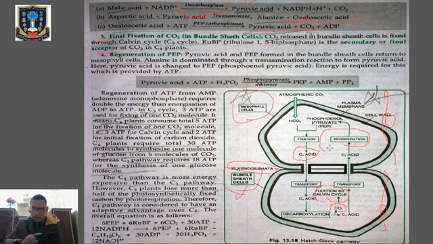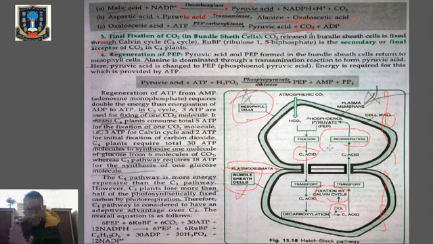Because in the C3 pathway, 3 ATP molecules were being utilized, but here in the C4 pathway, 3 ATP for the Calvin cycle and 2 ATP for the initial fixation of carbon dioxide. So how many ATP are utilized? 5 ATP. One more time, I'm saying that in the C3 pathway 3 ATP were utilized for the fixation of one carbon dioxide, but in the C4 pathway we require 5 ATP molecules.